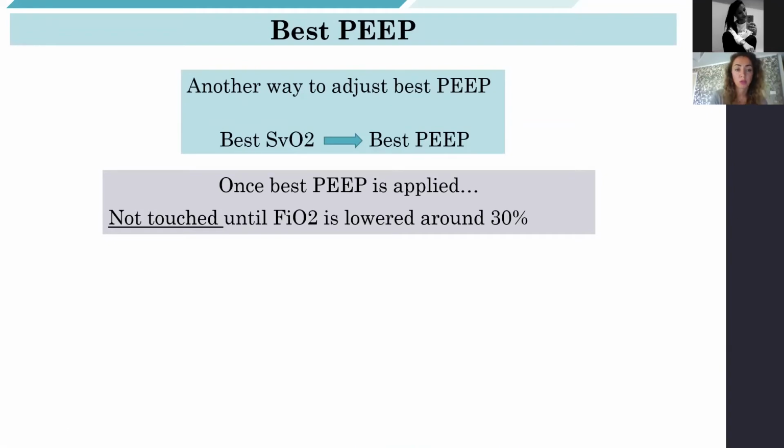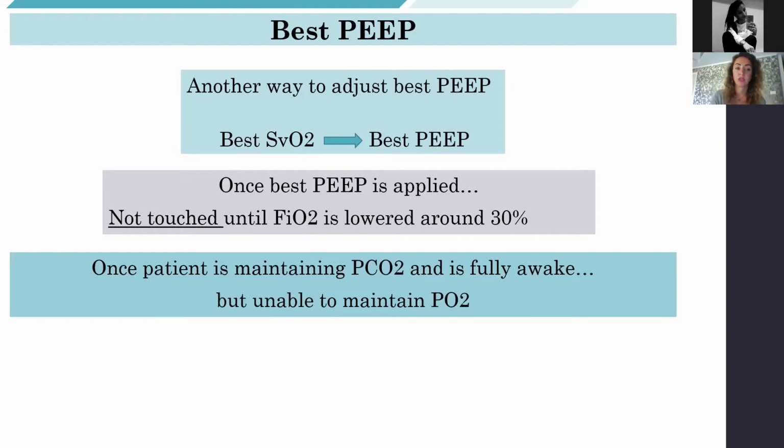Because once best PEEP is applied, we should not touch it until the inspired fraction of oxygen is lowered to around 30. And when we achieve this, and we are sure that the patient can maintain PCO2 and is fully awake, we can try to wean him from the ventilation.